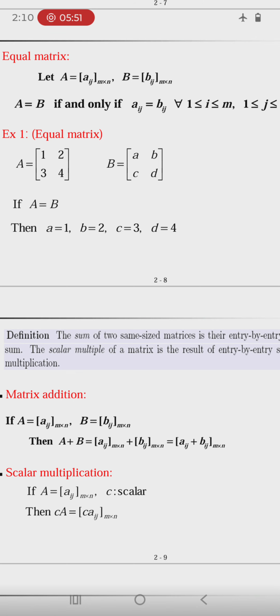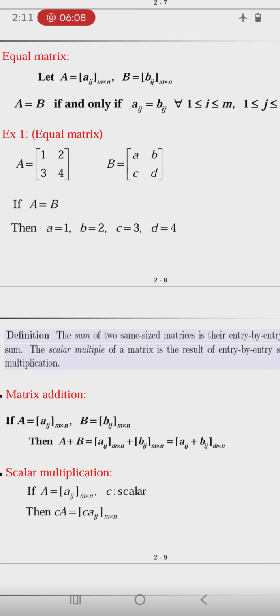Definition: the sum of two same-sized matrices is their entry by entry sum. The scalar multiple of a matrix is the result of entry by entry scalar multiplication. The first one is matrix addition.